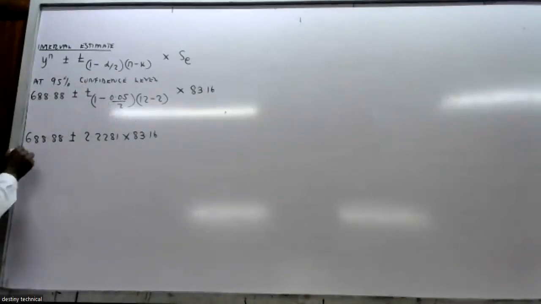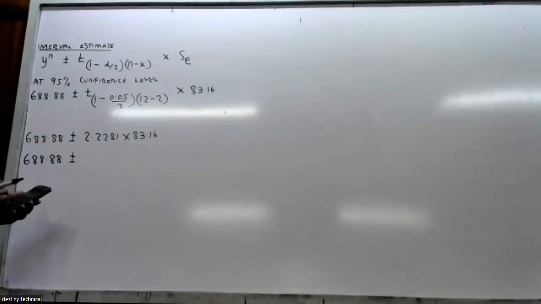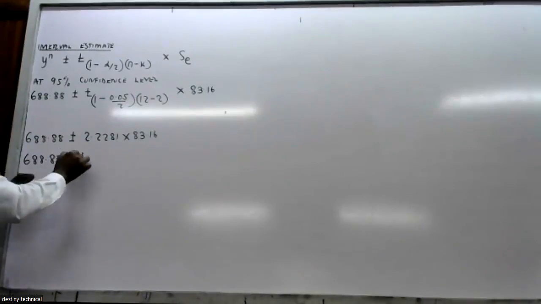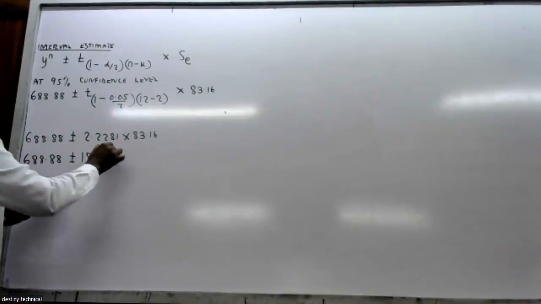So this goes on to become 688.88 plus or minus 2.2281 times 83.16. We have 185.29.